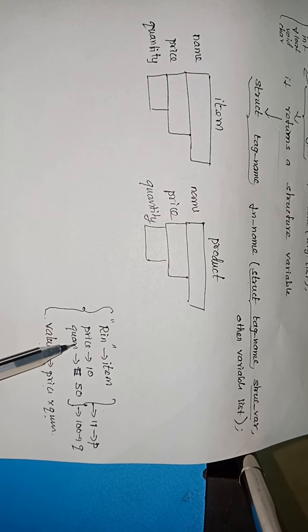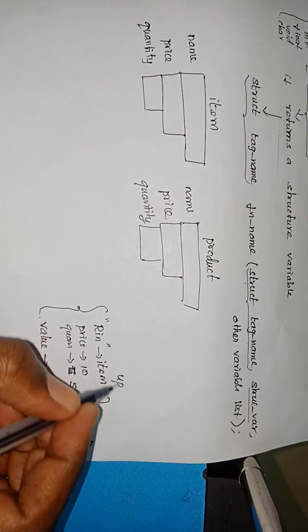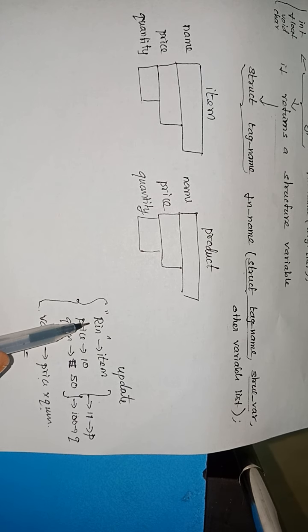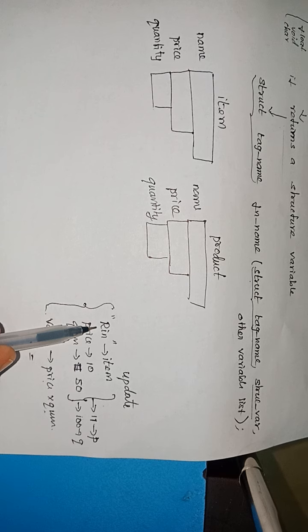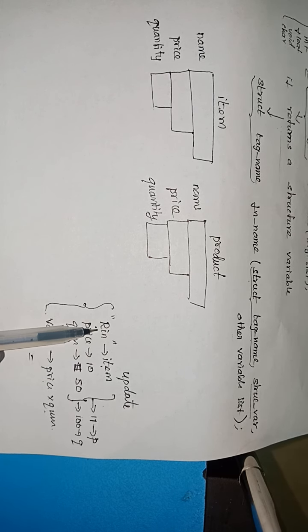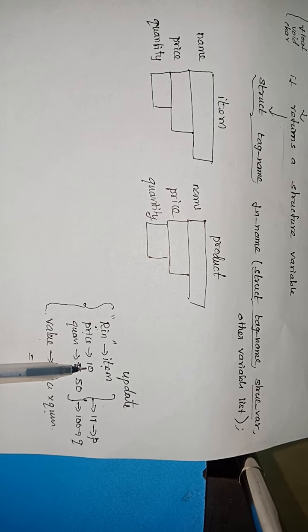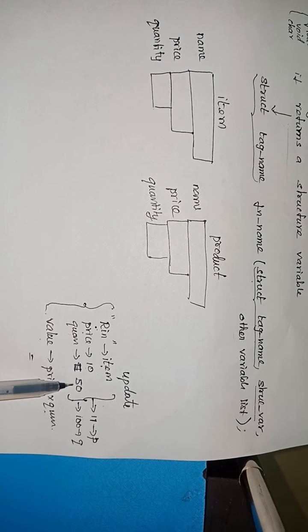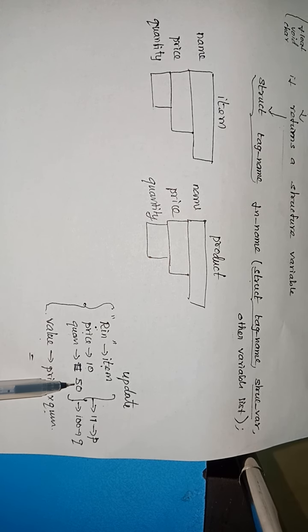What is the meaning of updating stock? For example, let me take a product, a rinse soap. This is my item, and the price of the soap is 10 and the quantity available is 50. These are all stored in the stock.